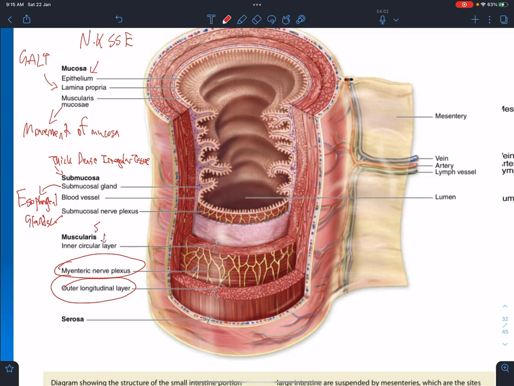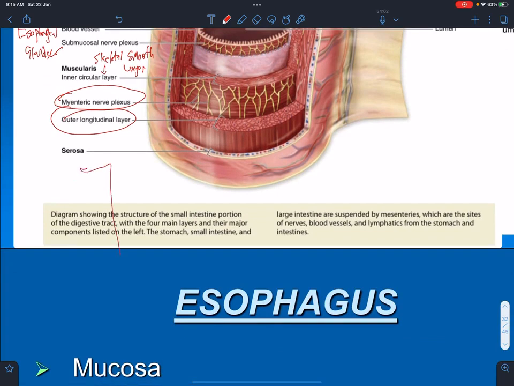Now, I want you to keep in mind, when it comes to the esophagus, they actually contain both skeletal muscle and smooth muscle. So we cannot just say inner circular and outer longitudinal smooth muscle layer. No. Because your esophagus contains both, depending on the region. If I were to draw the esophagus for you, the upper part of your esophagus is going to be lined by exclusively skeletal muscle. If you remember from lesson 1 on physiology, they mentioned that motility is achieved by smooth muscle contraction except three parts.